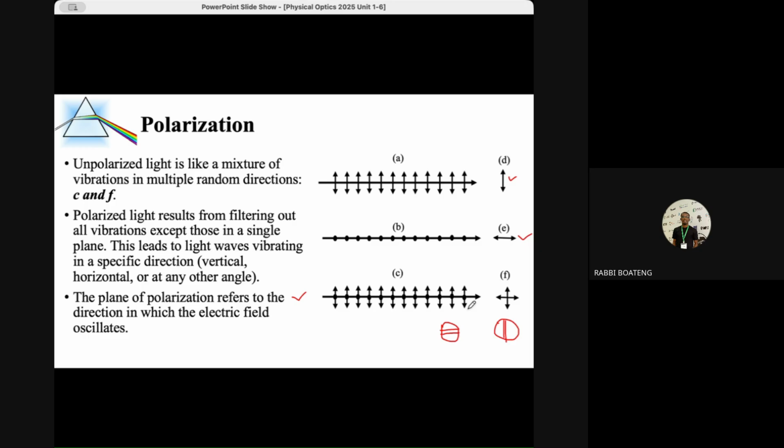Is that okay? But in a situation where we have our polarizer, and let's say the axis is something like this.